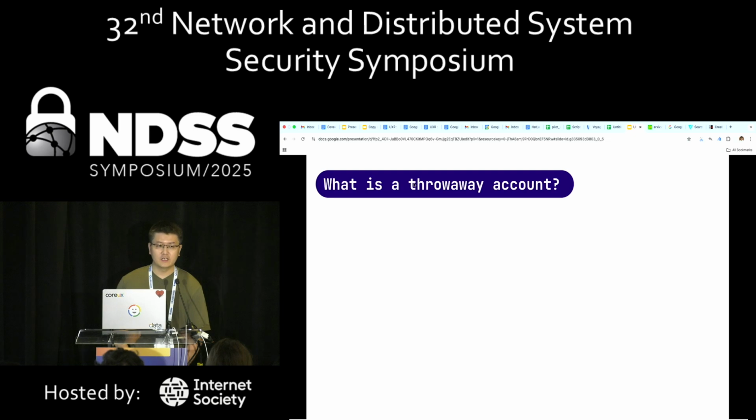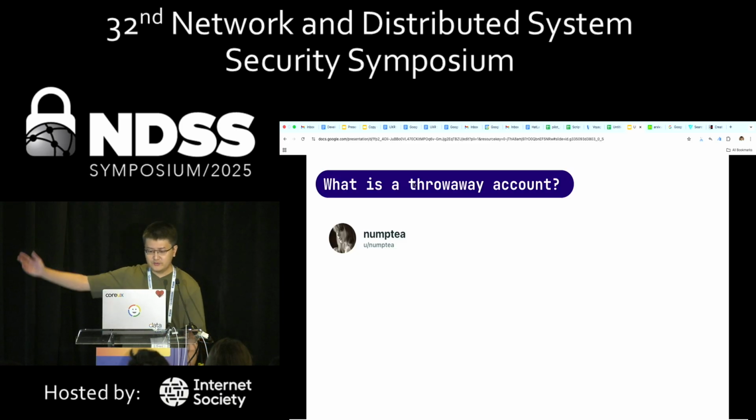So you may now wonder, what is actually a throwaway account, right? On Reddit, the identity policy lets users choose whatever username they would like to use. Following the literature, we consider those primary non-anonymous accounts as identified accounts.